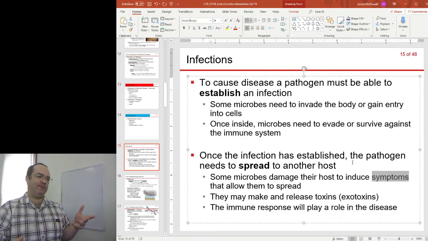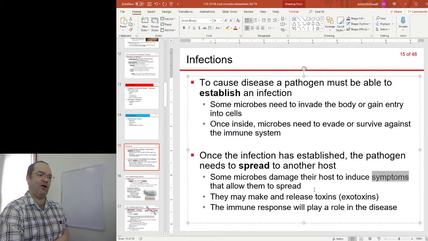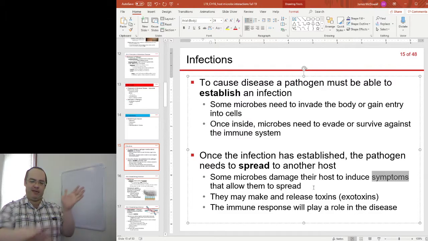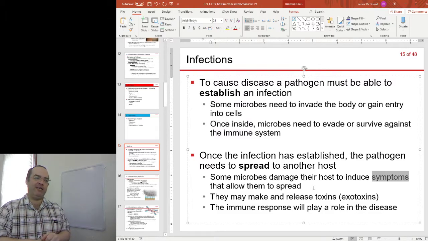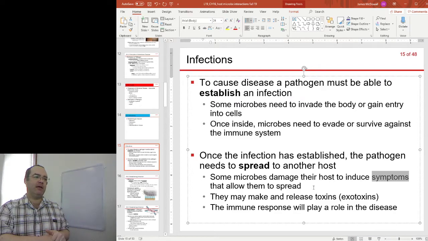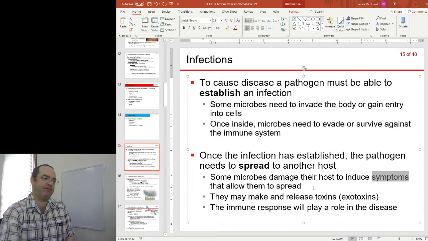If a bacteria gets in and releases toxins in your digestive system that give you diarrhea, that's one reason why, because diarrhea is a very expedient method for an intestinal pathogen to escape the body and spread to the next host.